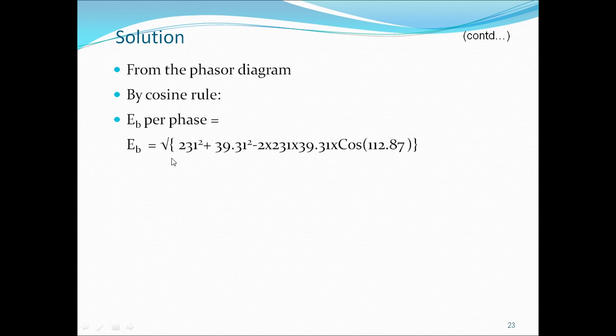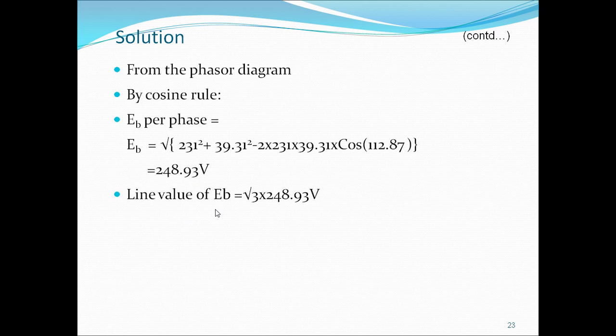If you substitute these values, that is square root of 231 square plus 39.31 square minus 2 into 231 into 39.31 into cos of 112.87 degrees, which gives a value of 248.93 volts.